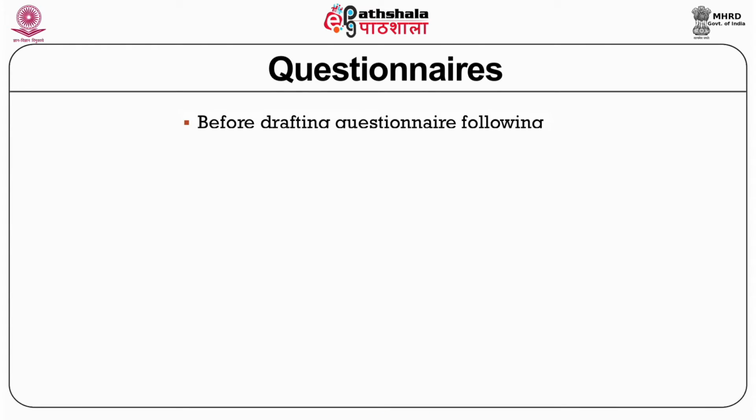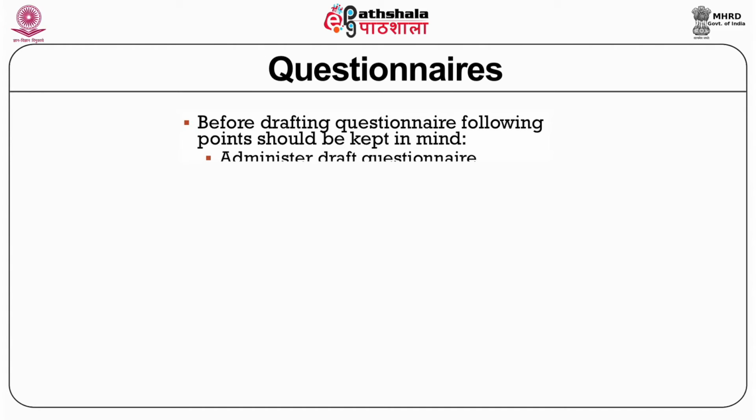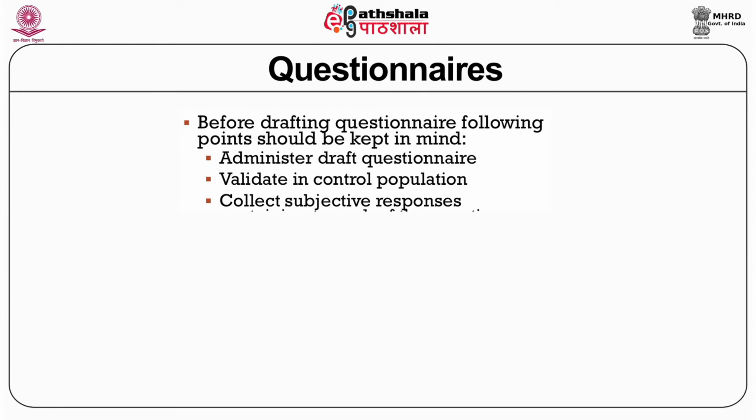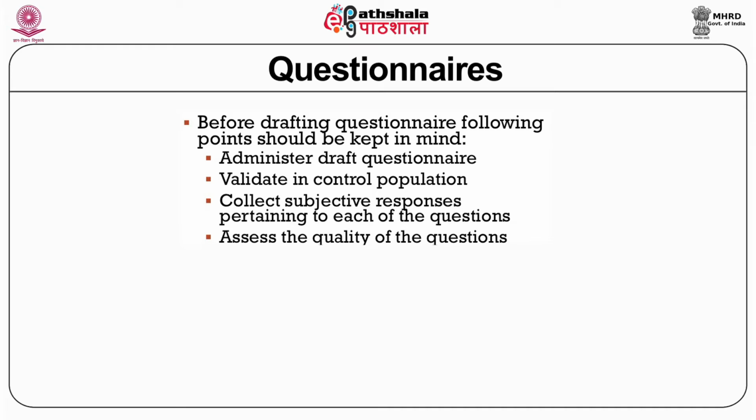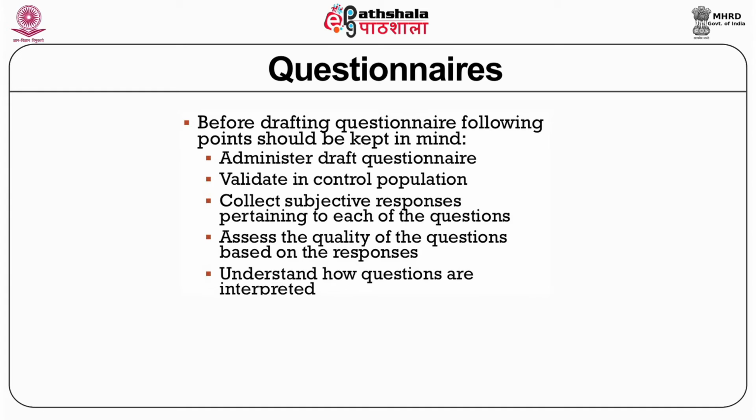First, you administer that draft questionnaire. Second, you validate the same in the control population. Third, you collect the subjective responses pertaining to each question. Next, then you assess the quality of the question based on the responses. So you should always go back.